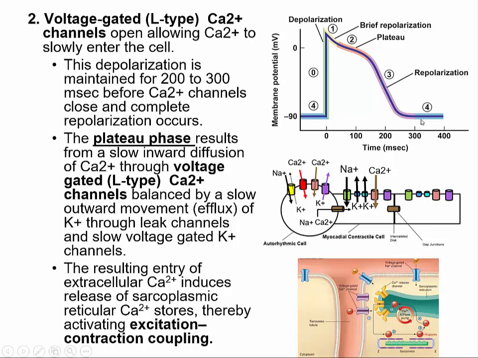The plateau phase results from a slow inward diffusion of calcium through voltage-gated L-type calcium channels that's balanced by a slow outward movement of potassium through potassium leak channels, also through slow voltage-gated potassium channels. The resulting entry of extracellular calcium induces the release of sarcoplasmic reticular calcium stores, thereby activating the excitation-contraction coupling.